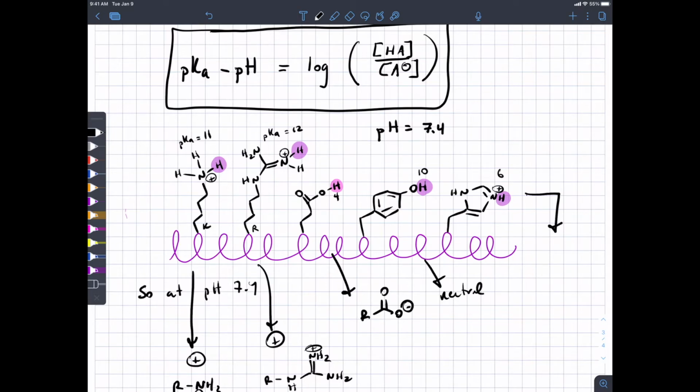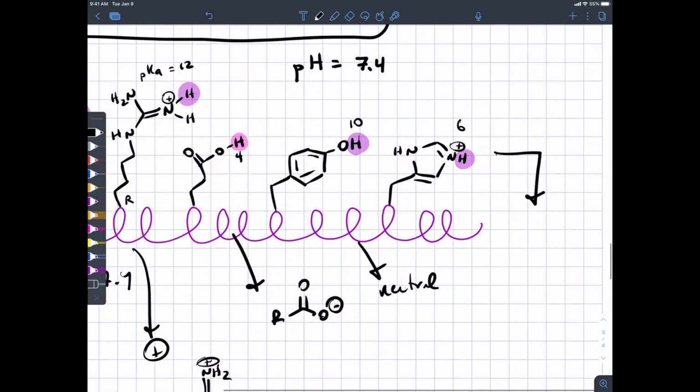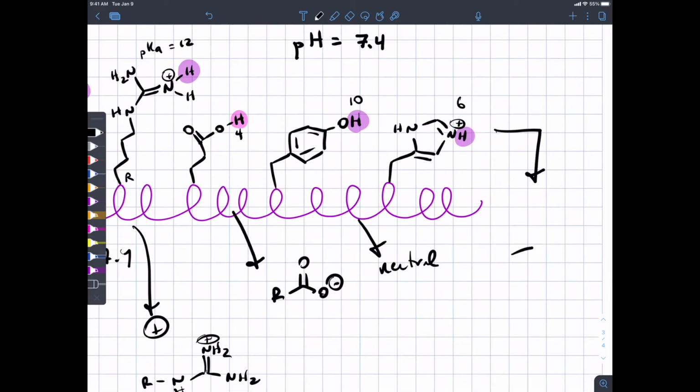That tells you the conjugate base form dominates, but it may be a situation where you've got maybe 90% of the conjugate base form and maybe 10% of the acid form. I'm just sort of spitballing here.